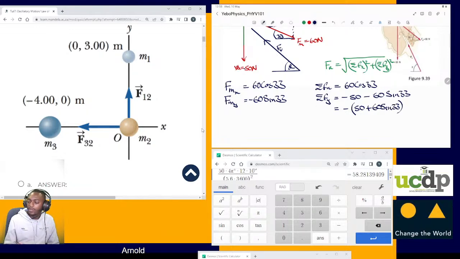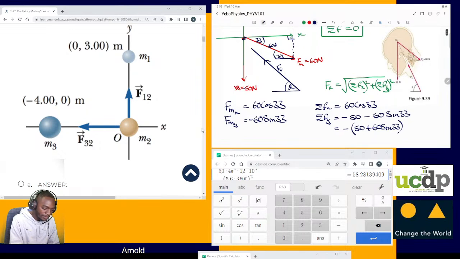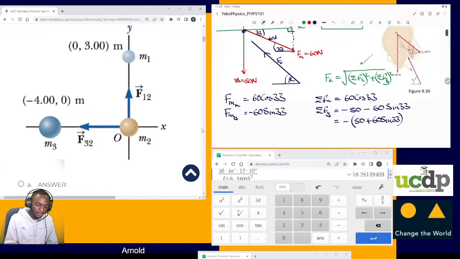However you want to represent it, it's negative because we are on the negative part of the Cartesian plane in the Y direction. So now we move on to that.